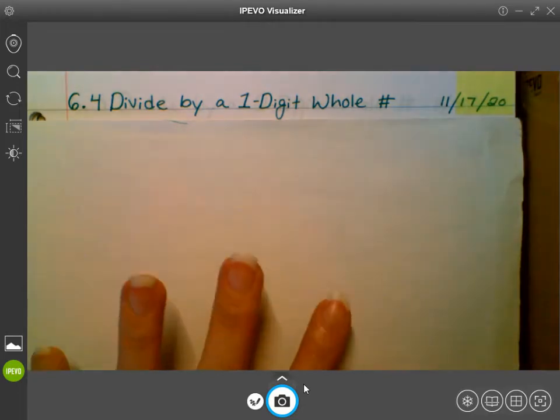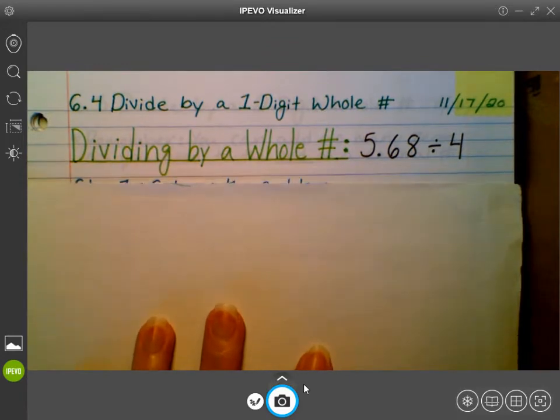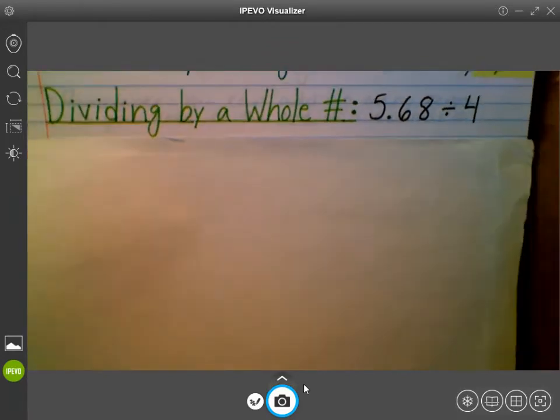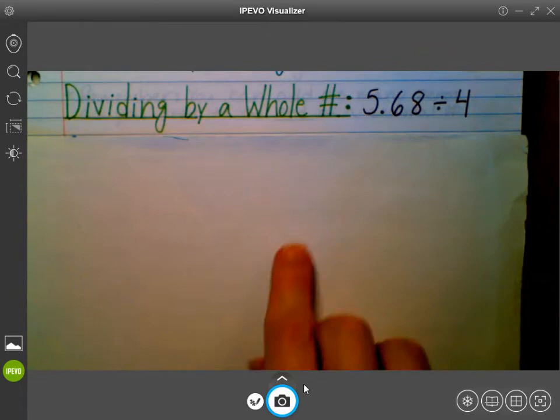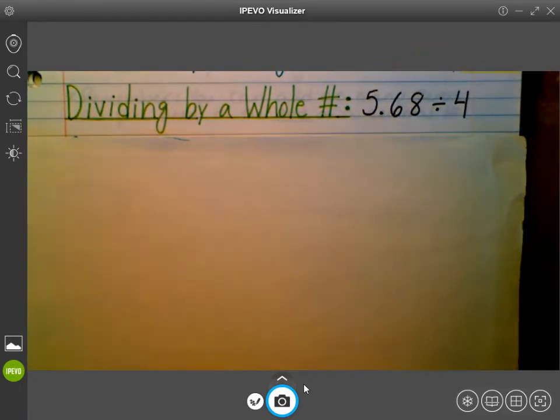Okay, so we're going to get right into a practice problem, you guys. So dividing by a whole number, and then I put the problem that we are going to be working with. So 56.8 divided by 4.